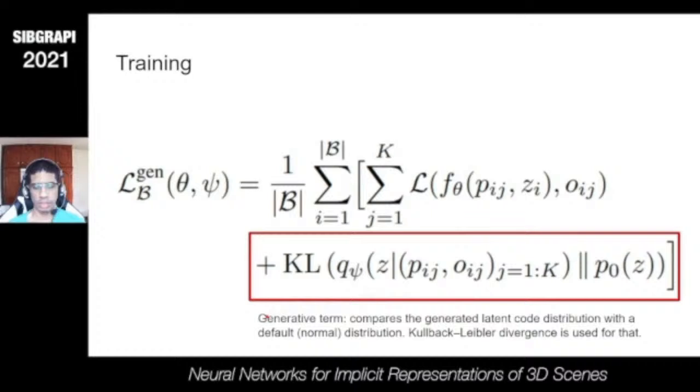Then we have the generative term, which uses an additional encoder Q of psi that generates a code Z based on the points and the ground truth occupancies, and it compares with the code that's generated for the points, and this comparison is done using the Kullback-Leibler divergence.